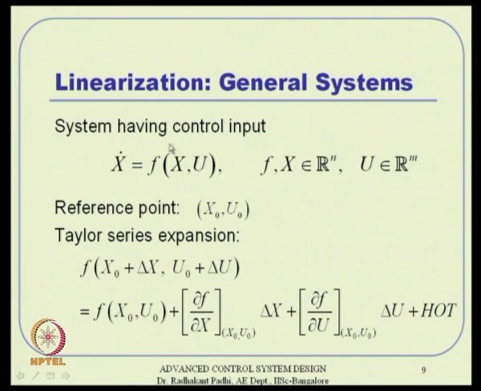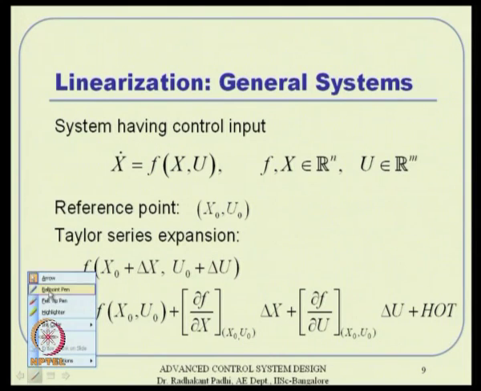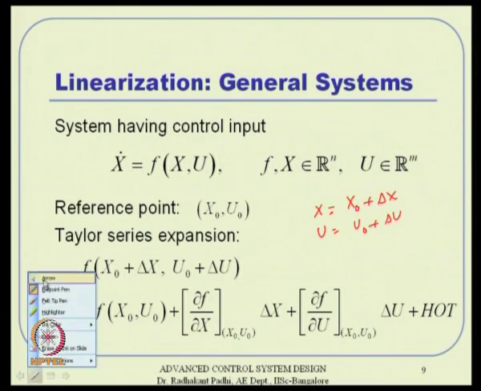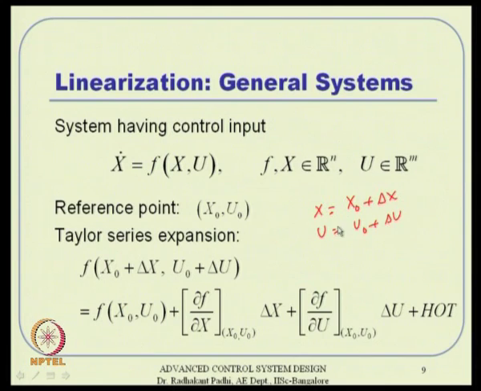This right hand term will again result in this term, with the same assumption that x equal to x 0 plus delta x and u equal to u 0 plus delta u. So, we are interpreting this x as a perturbation about x 0 and u as a perturbation about u 0.